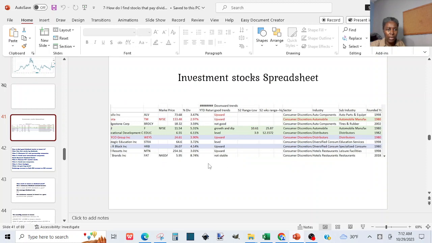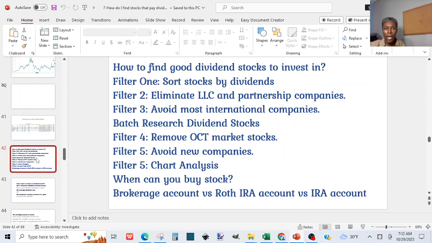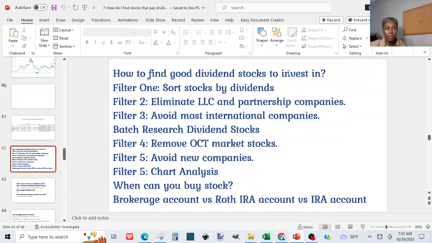So we explained the spreadsheets and we have our criteria. At this point, I'm just going to work from this section here. We use the criteria to find the dividend stocks and narrow them down to the good ones that we can invest in.